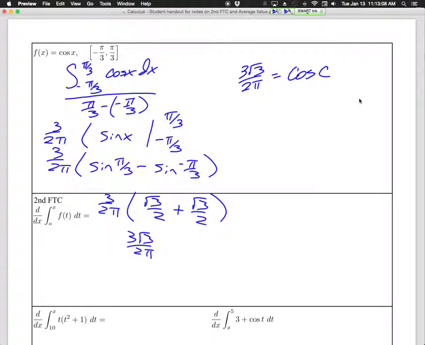And again, that's something I can't do, so I'm going to have to use my calculator. Subtract it over.